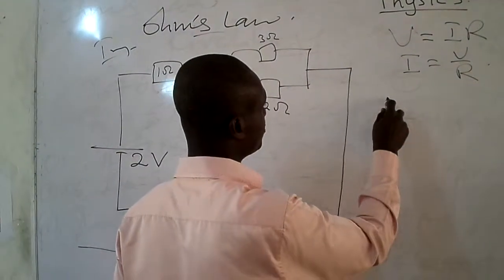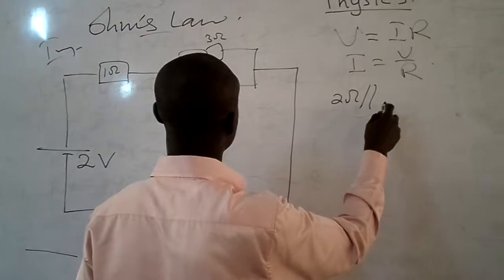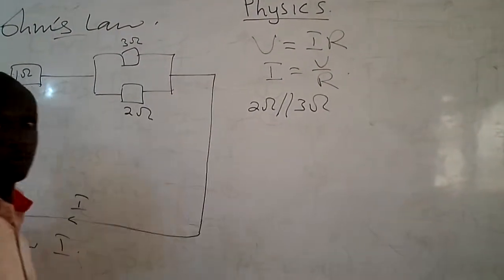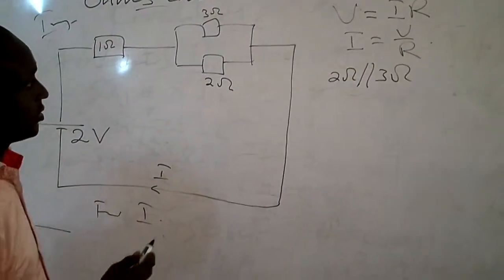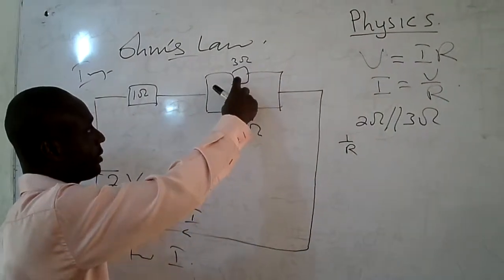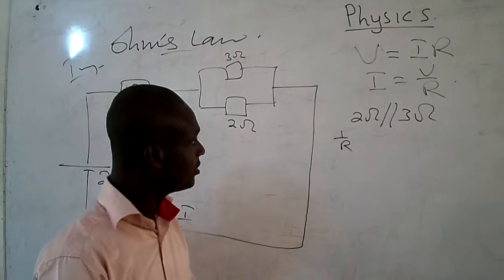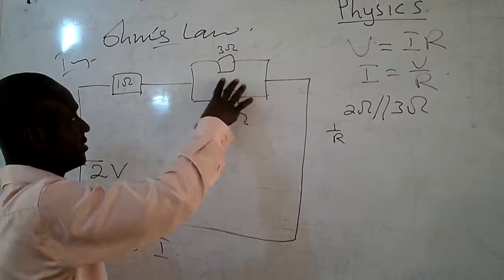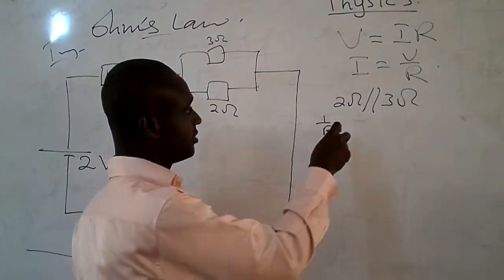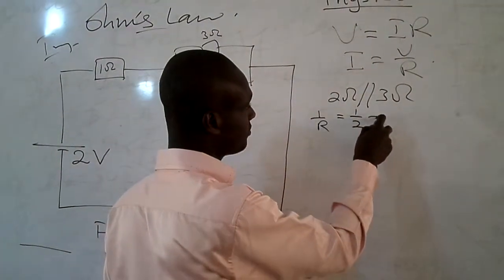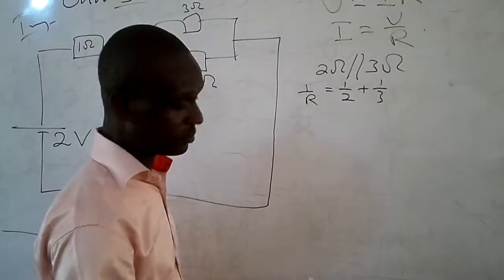And you can see that the 2 ohm is parallel to the 3 ohm resistor here. We solve this, and the parallel combination is in series with the 1 ohm resistor. So first, let's find what we have here. We have 1 over 2 plus 1 over 3.